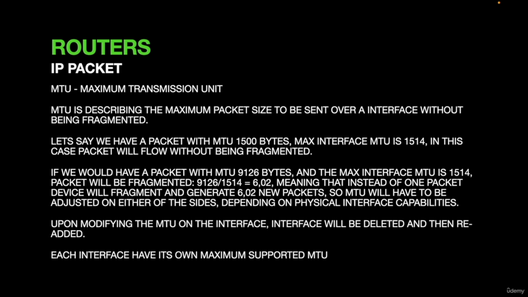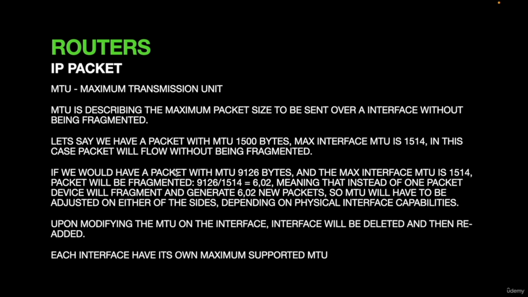Also, it is important to know that we can have an option for the interface, which is the maximum transmission unit. MTU is described as the maximum packet size to be sent over an interface without being fragmented. So let's say that we have a packet of 1500 bytes, and the interface MTU is 1514 bytes. In this case, the packet will flow without being fragmented.